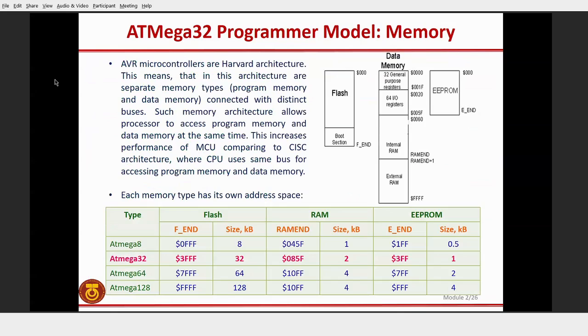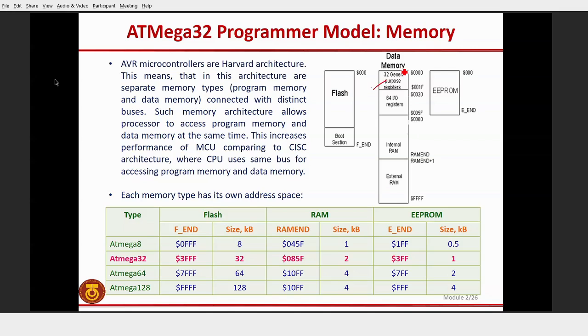Please remember also how many memory partitions are inside here. Flash is for your program, and data memory is for the data that your program writes. Your program defines whatever data value will be stored over here. So you have the general purpose registers.